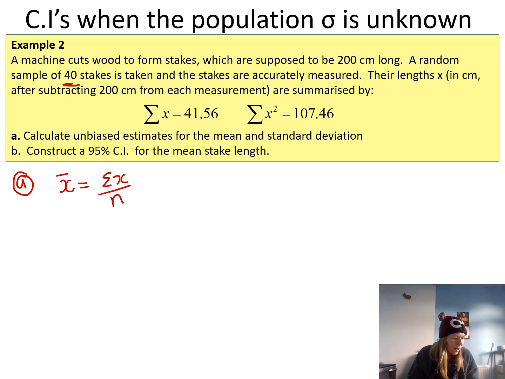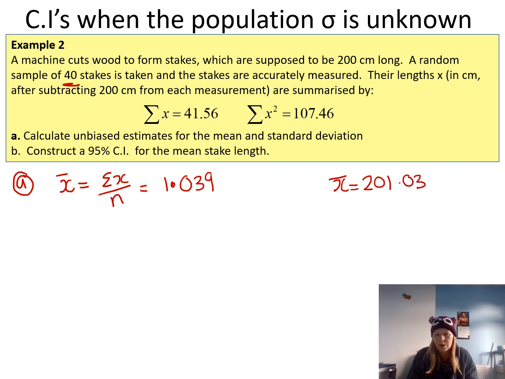So that works out at 1.039. But obviously, if you wanted to give an estimate in terms of the length of those sticks, since you subtracted to make this coded, we'd have to add 200. So x bar for reality is 201.039 centimeters.